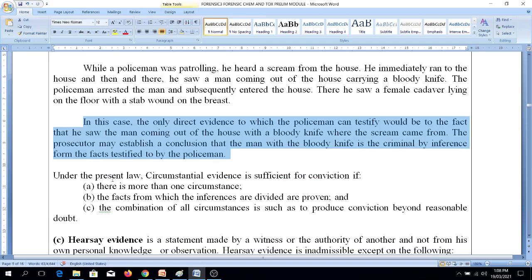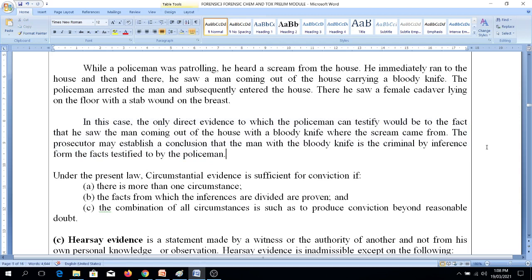But the prosecutor can only give us an inference, simply because even if the police officer mentioned that he saw a man running away from the house with a bloody knife, such testimony is not enough.